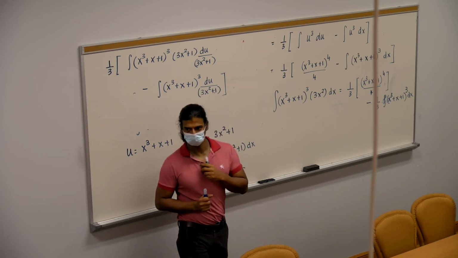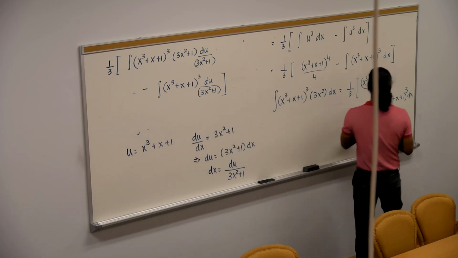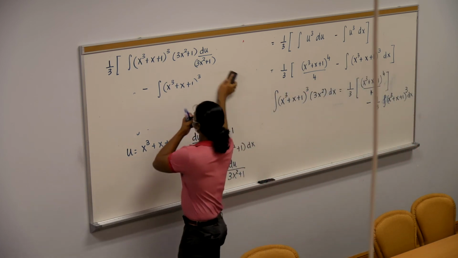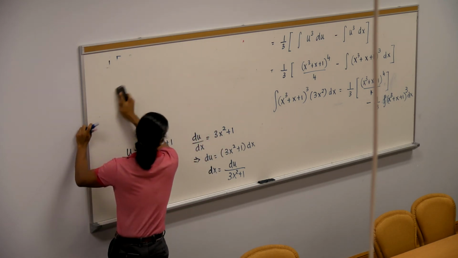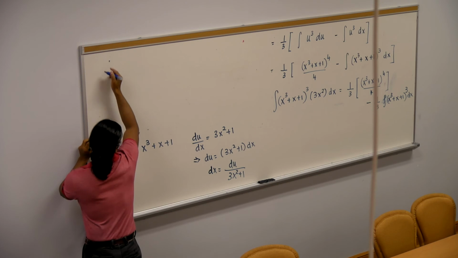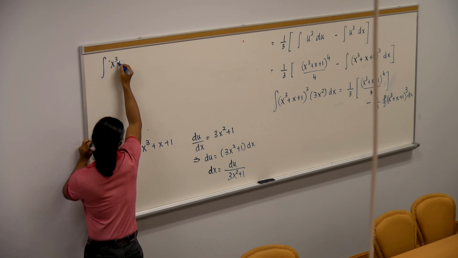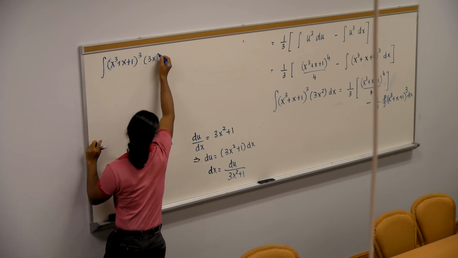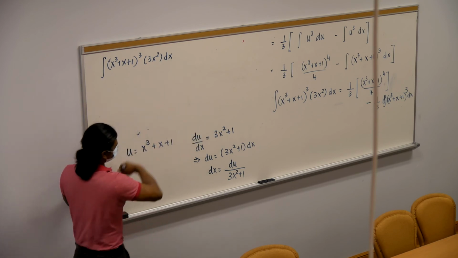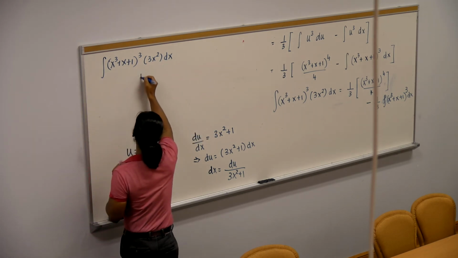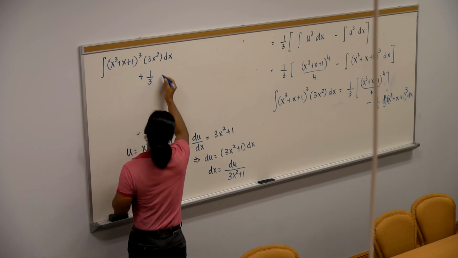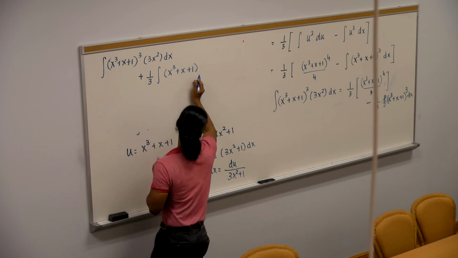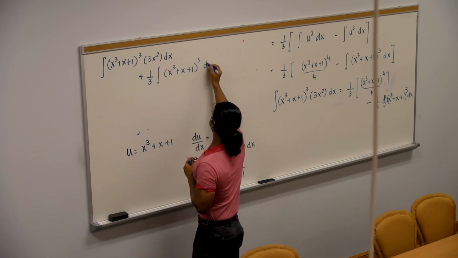Good so far? Going to move this term to the other side. When I move that term to the other side, I would have plus 1/3 integral of (x cubed plus x plus 1) cubed dx.